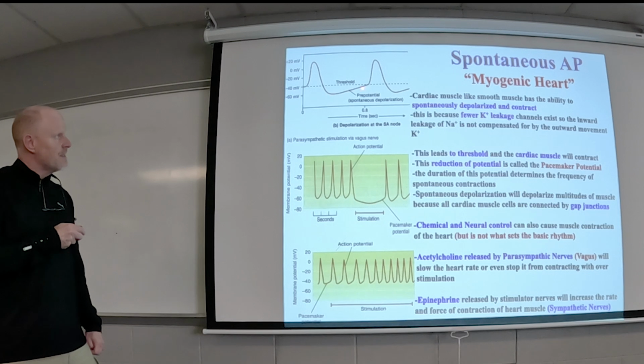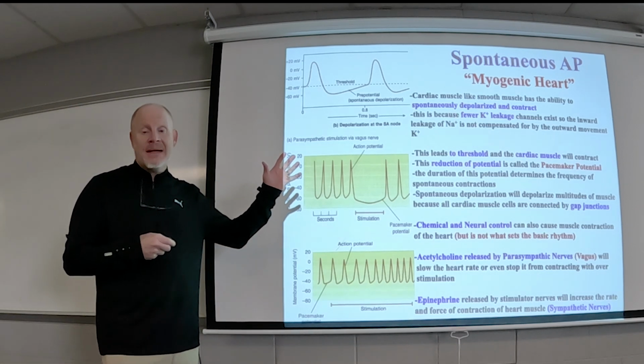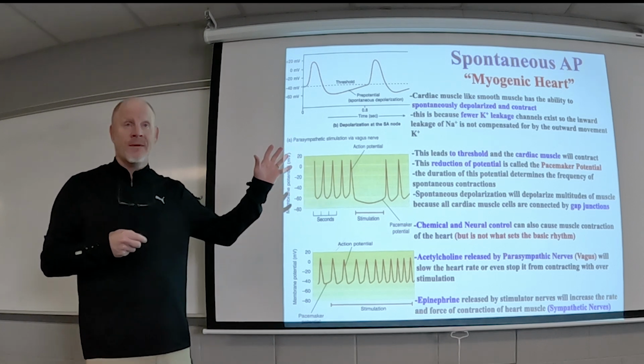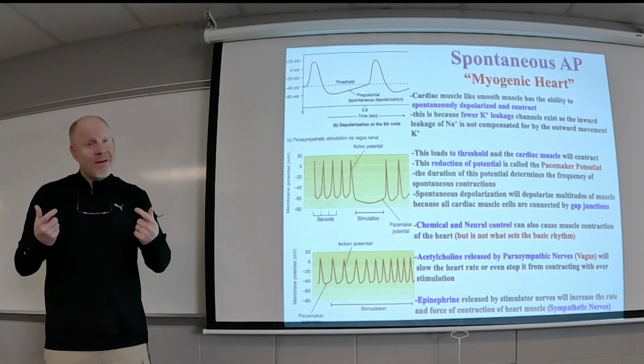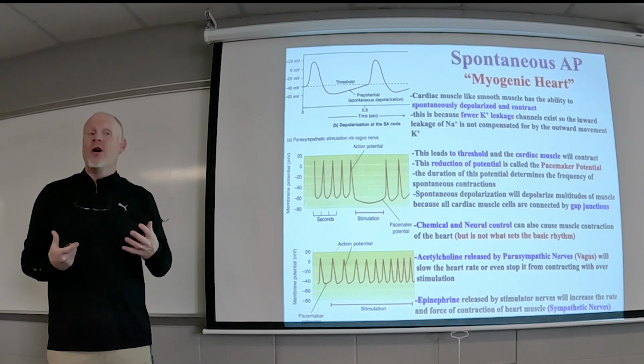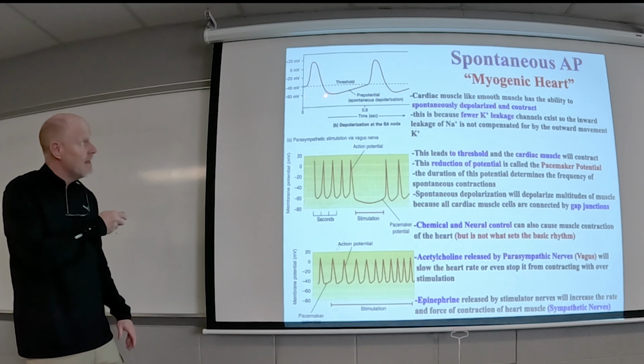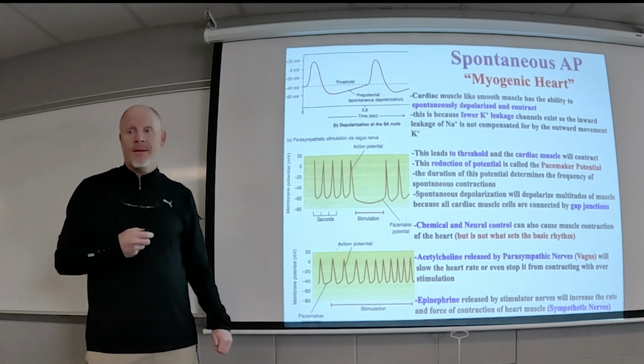Now, the first reason for this creeping is fewer leakage channels, right? Potassium leakage channels are the important ones here. If you do some research, it's because some of these potassium channels can close, right? And what closes them is when they hit negative 60 millivolts, okay?